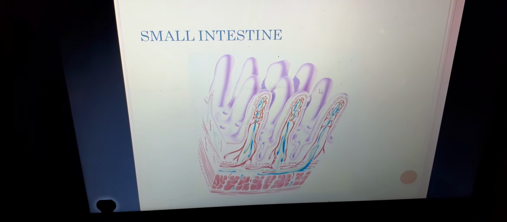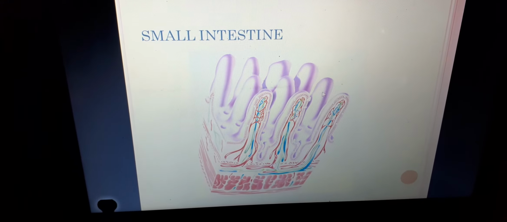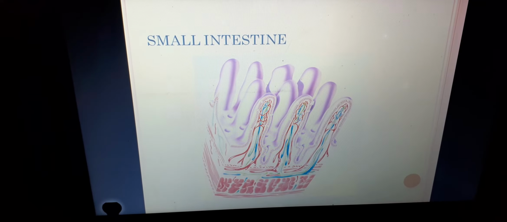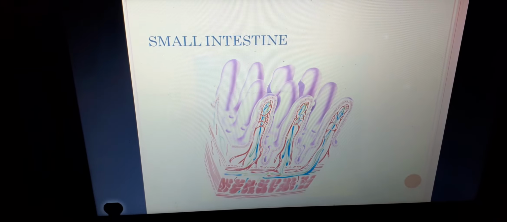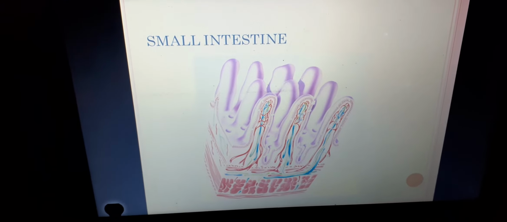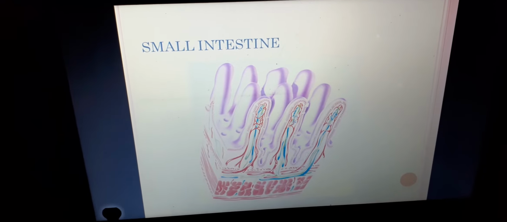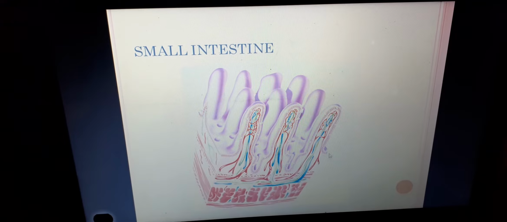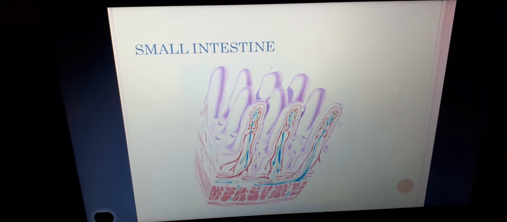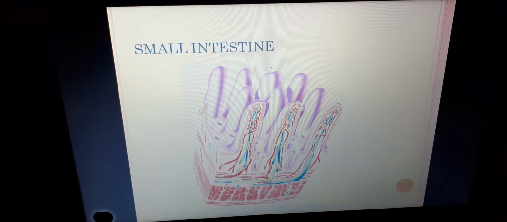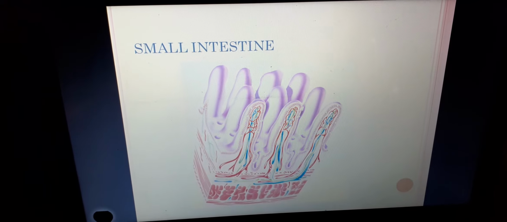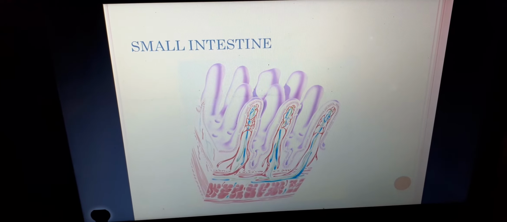Here you can see the intact villi structure, and here the elaborated structure of a villus, where you can see the blood capillaries entering, lined by a thin membrane. The tissue is made up of a single layer of cells. So this is the structure of a villus, where the absorption of food takes place.